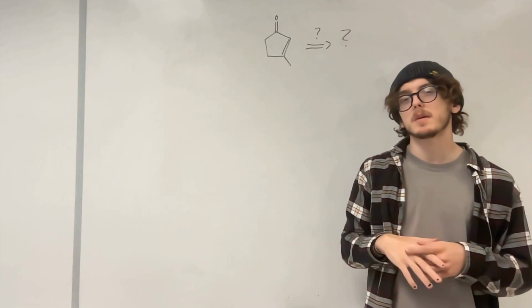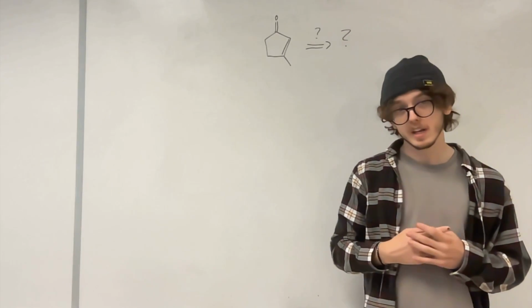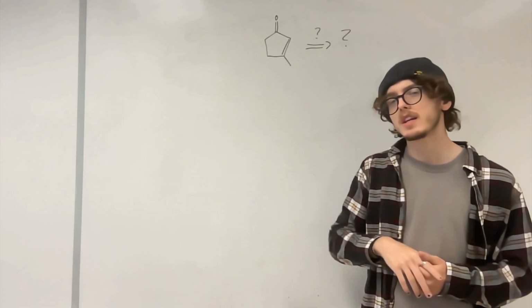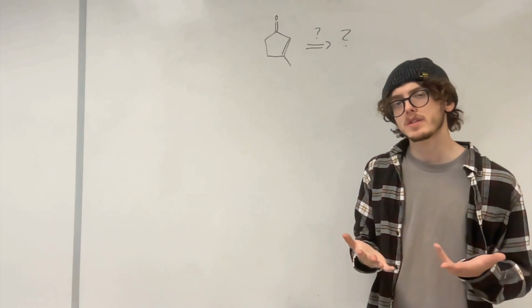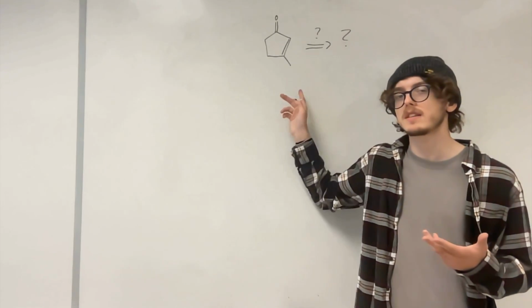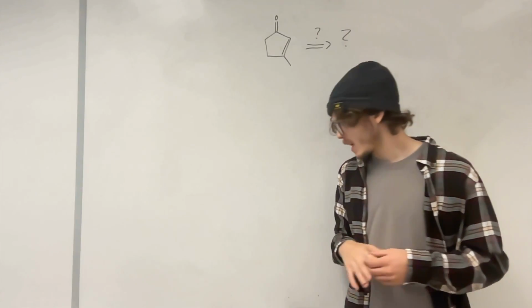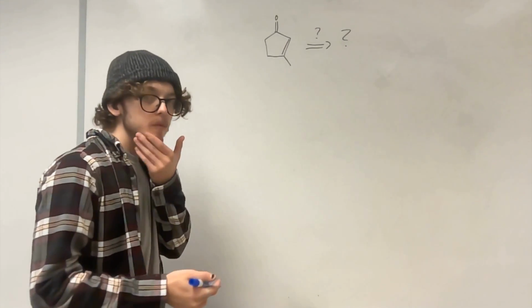In this problem, we're going to think even more retrosynthetically. We're given an alpha-beta unsaturated ketone, and we are asked, what was the starting ketone? Notice that this is intramolecular because we end with a ring. So I want to begin by just undoing what we did.